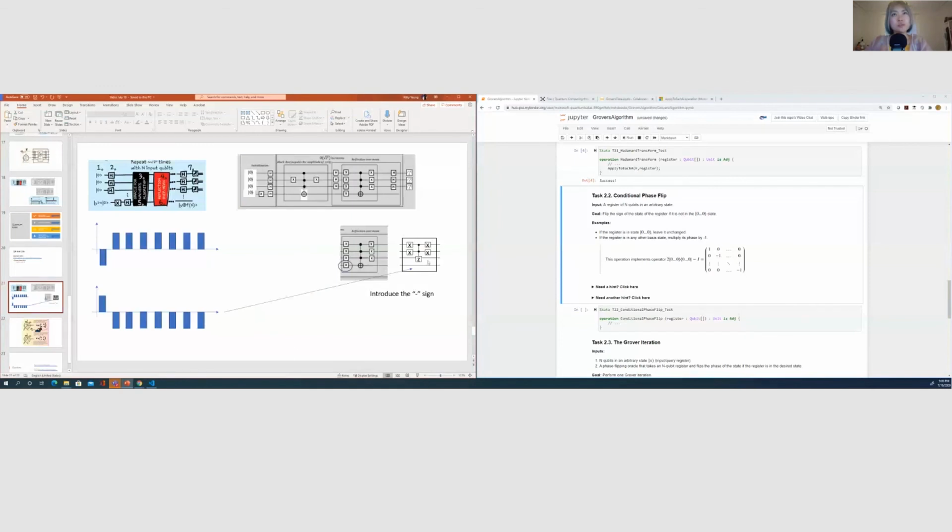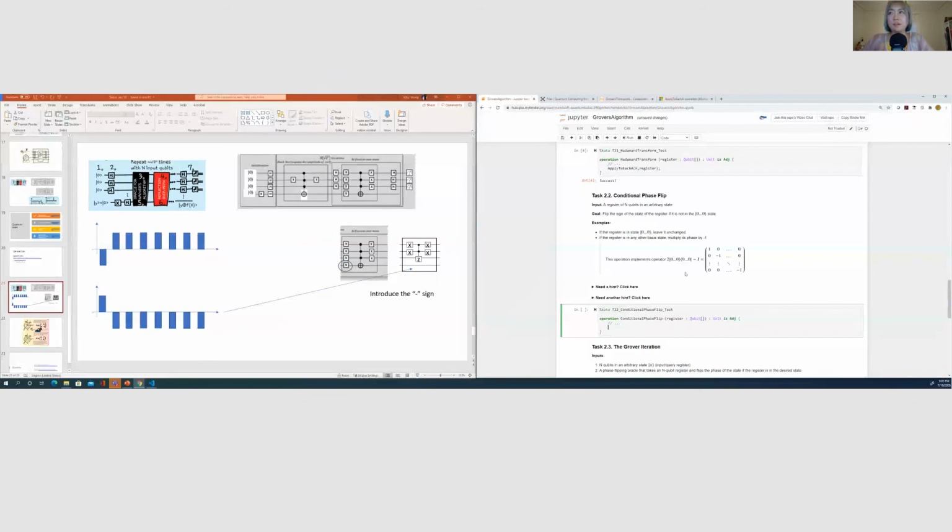And you can just do this to introduce that minus sign. And this is what this conditional phase flip is asking us to do. But you can also build this one if you want. So this one is trying to give us a hint to do this kind of operation. So let's do their way.